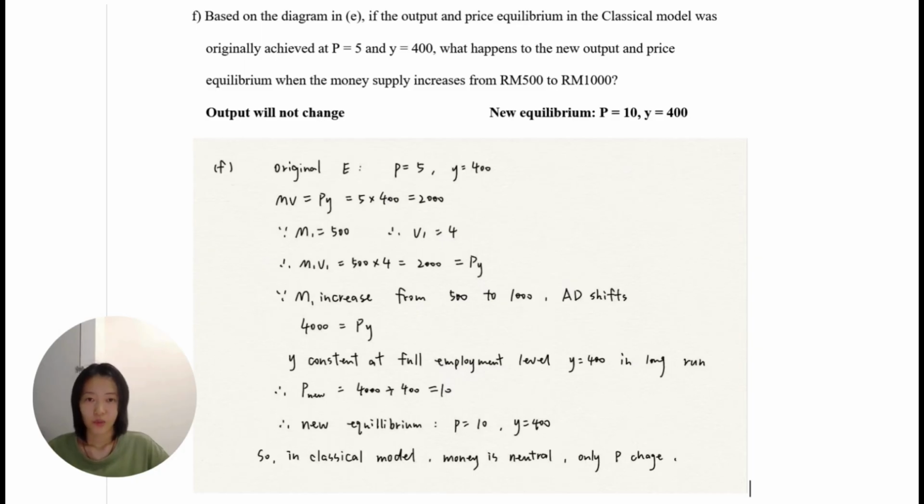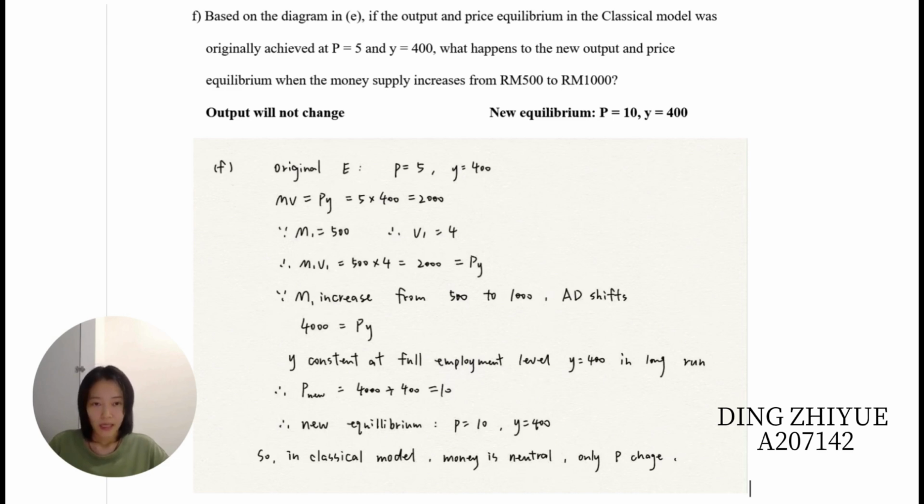In this question, we're analyzing what happens to new output and the price equilibrium when the money supply increases from 500 to 1000 in the classical model. So the basic equation of exchange is MV equals PY. In the original equilibrium, P is 5, Y is 400.